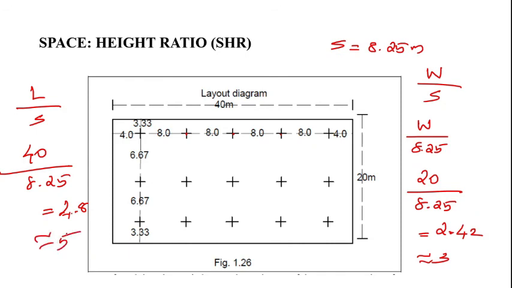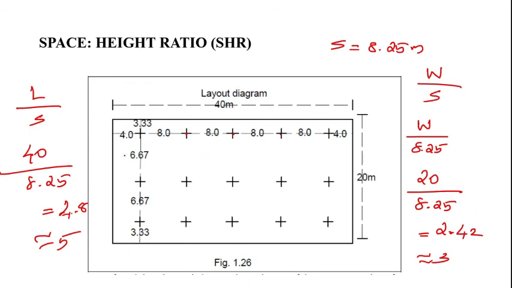So along the width I have 3, along the length I have 5: 1, 2, 3, 4, 5. So the space to height ratio and all other design specifications are met with these calculations.